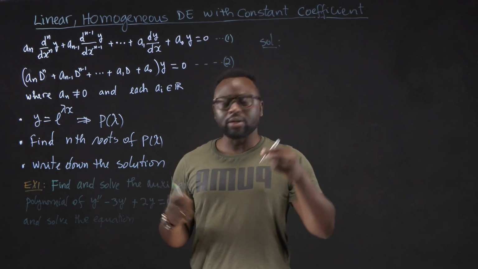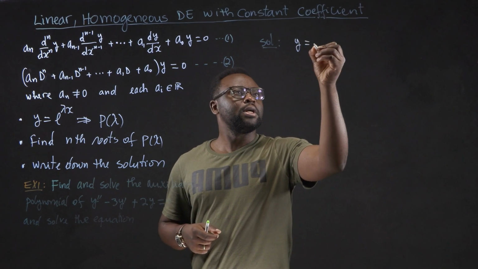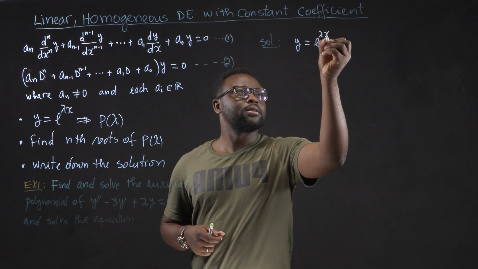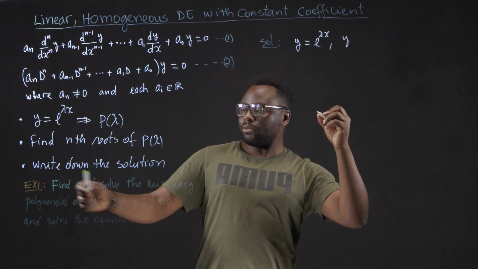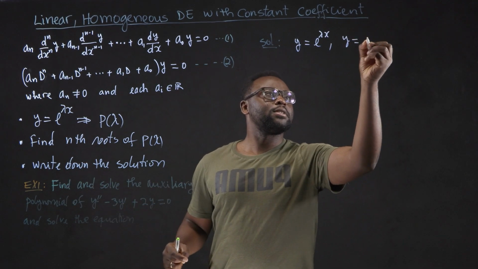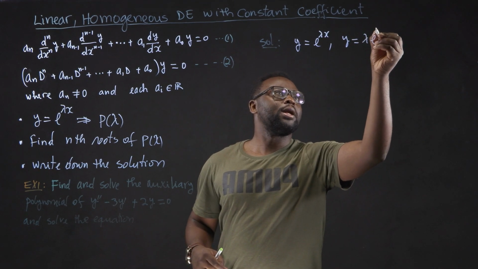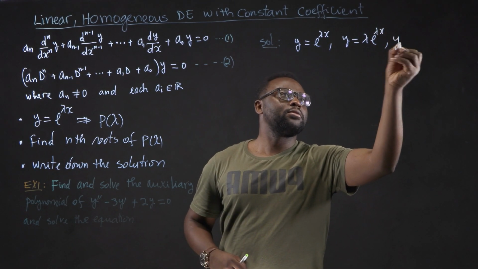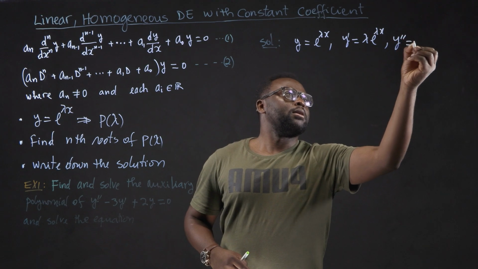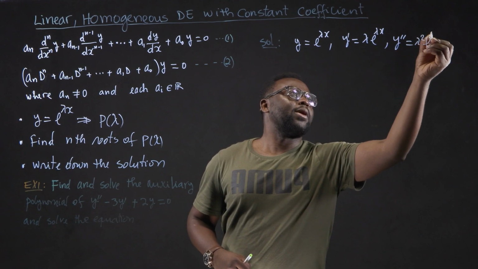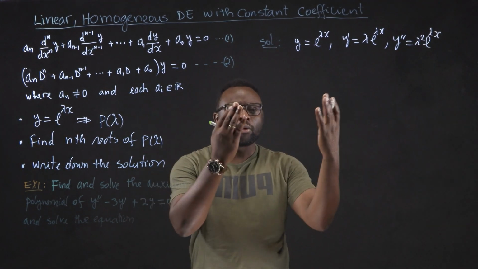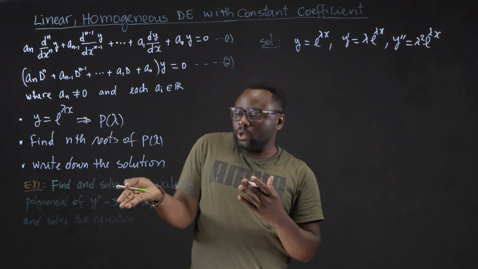Initially we assume that the solution has this form, e to the power lambda x. Then we find the first derivative, this is lambda times e to the power lambda x, and the second derivative will be lambda squared times e to the power lambda x. All right, let's take this to the equation and see.